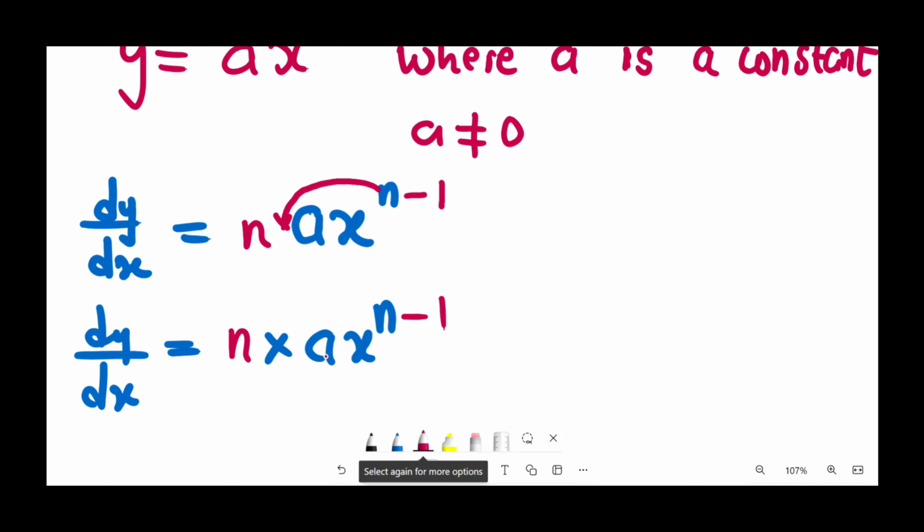So you just reduce the power by 1 and you multiply the given term by n. This becomes n, then ax having a power of n reduced by 1.